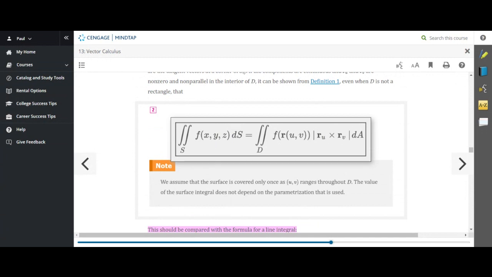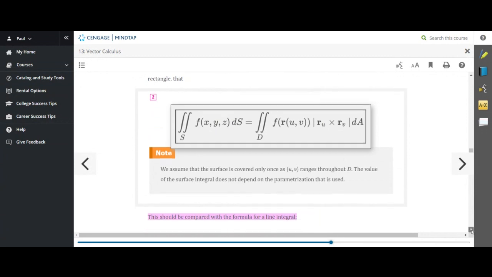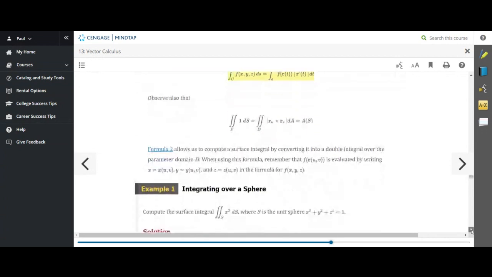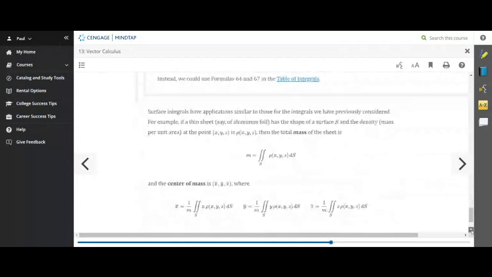Like if you want to find a surface integral over a cylindrical surface, you would need to use this formula. But if your surface could be written as a graph, in other words, if z were a function of x and y, then you could adapt this formula to another formula.